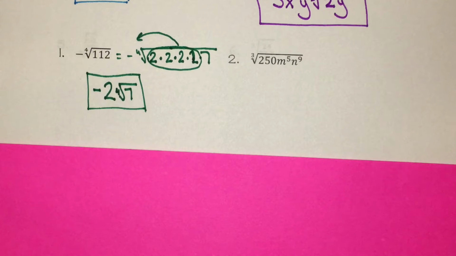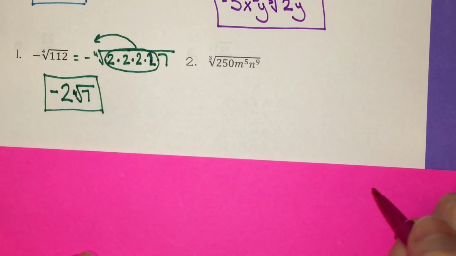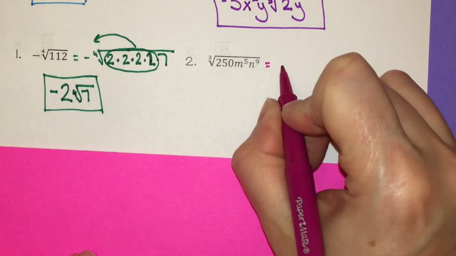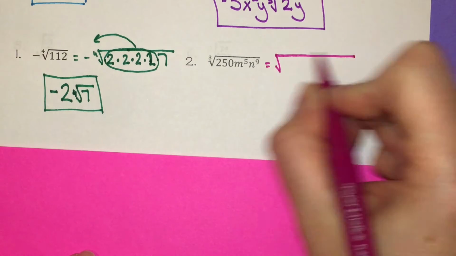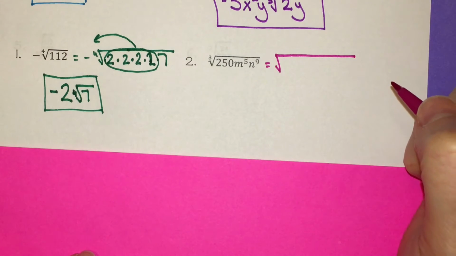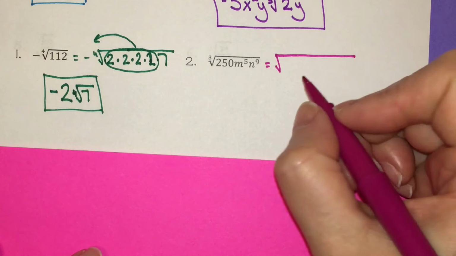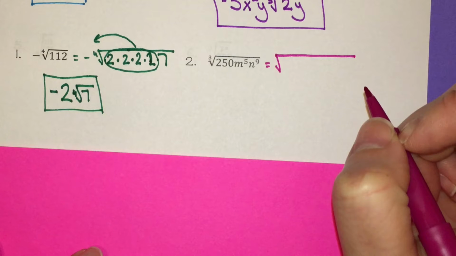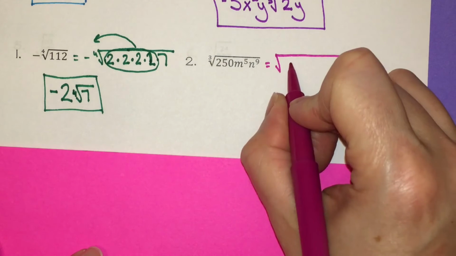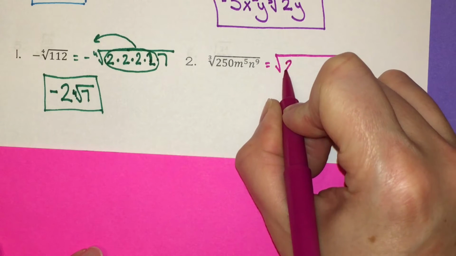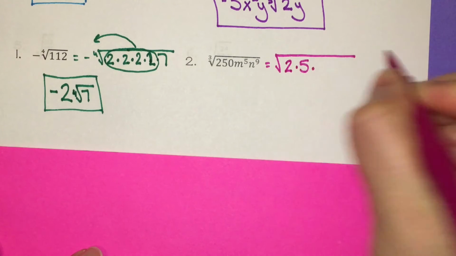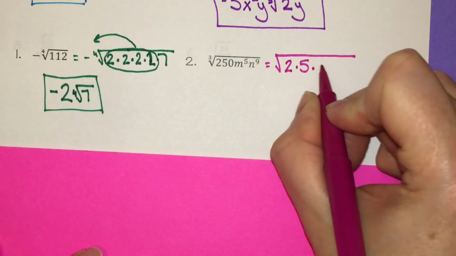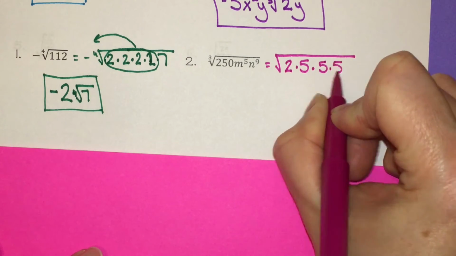All right, then this one, we have cube root, and I'm just going to break this down. 250 breaks down to 10 times 25. 10 is 2 times 5, and 25 is 5 times 5.